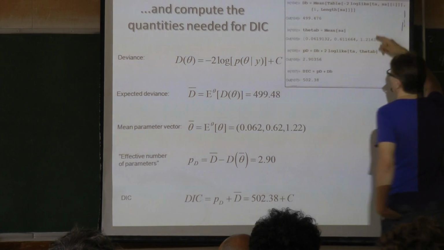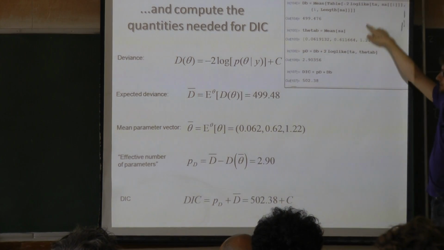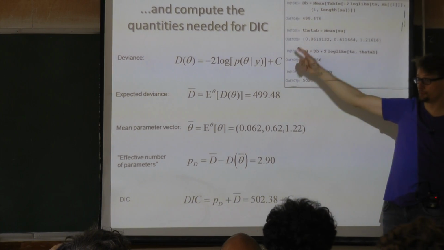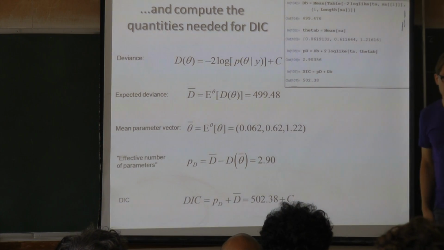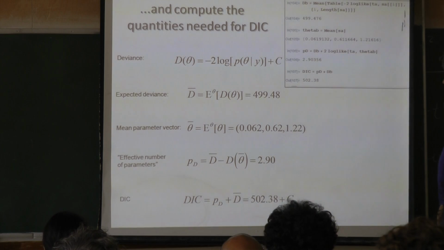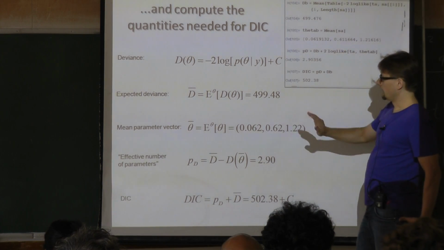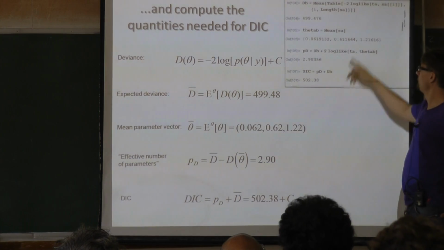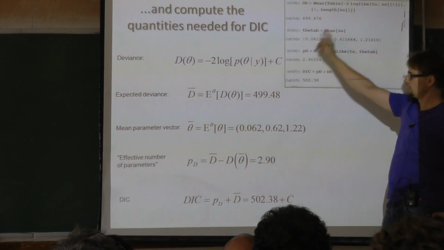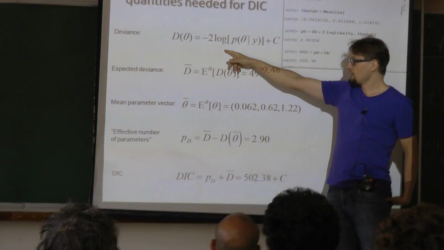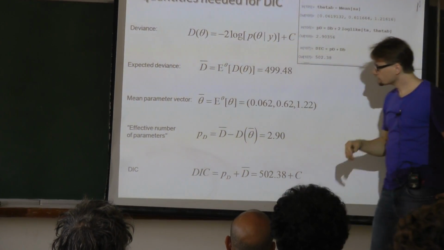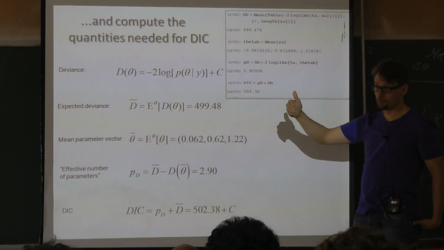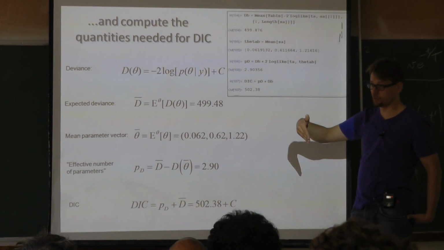So this is the full mathematical code that I needed to write to compute these quantities. So it's really easy to do. First we have this expected deviance. What I'm doing here is to just take minus 2 times the log likelihood of the data for all the parameter combinations that I sampled from the posterior.